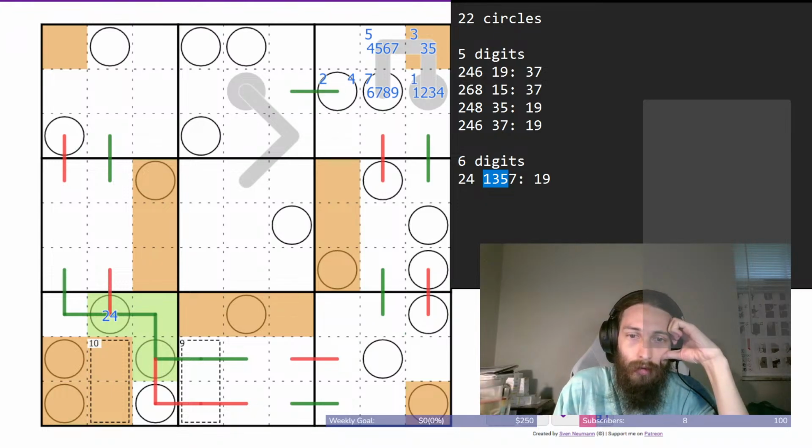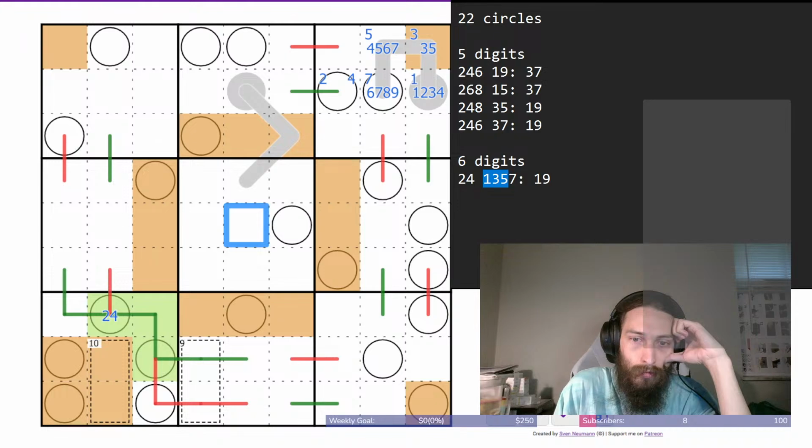And green and red. These are all odd. And red and green.